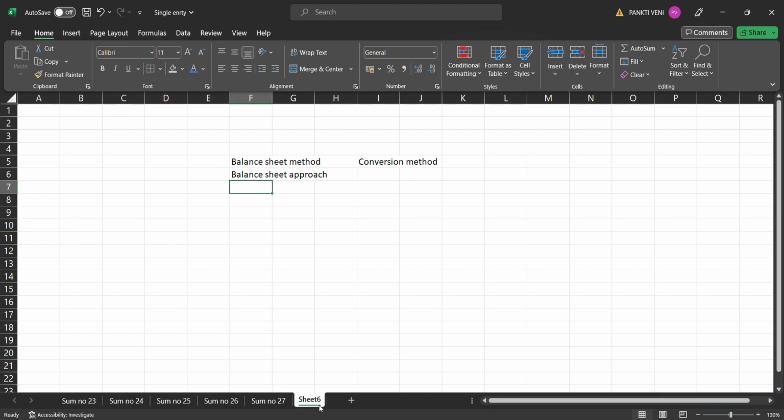Now, how to solve sums under the balance sheet approach? You are supposed to prepare two statements here. It is a two-step sum. Step one will be preparation of statement of affairs.